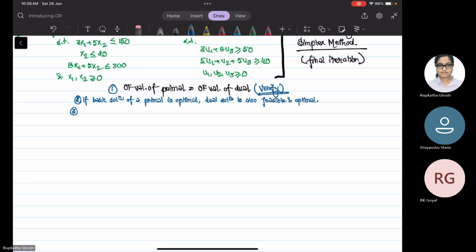But if the basic solution of a primal is feasible but not optimal, then the corresponding dual solution is infeasible, and vice versa.